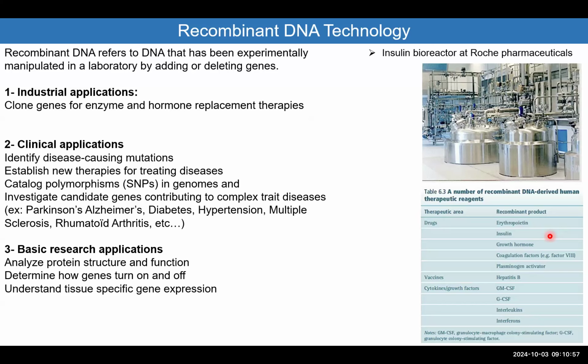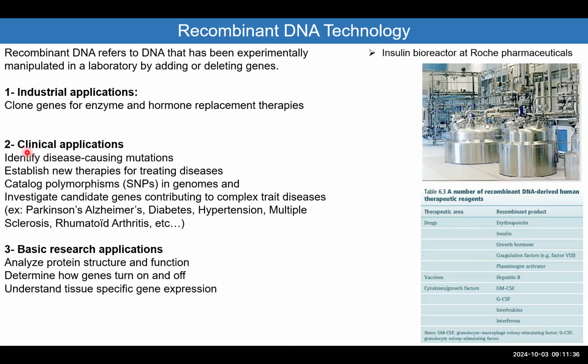So we mentioned that recombinant DNA technology has a wide range of applications that can be used in industrialized applications. Now we know that we can generate a lot of proteins like insulin and other growth factors and cytokines by bioreactors, the way I described in the last lecture. And most of these are based on information that we know that we need some sort of clinical intervention.